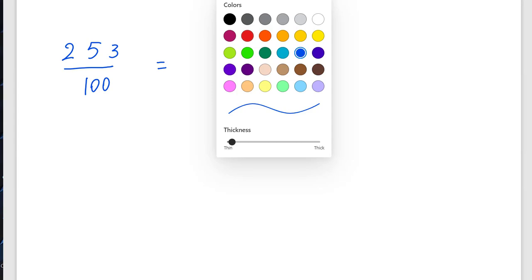253 over 100. For this one, we need 2 digits to the right of the decimal point. So I will place the decimal point after the 3 and 5, so between the 2 and the 5. So it will be something like this: 2.53. And now let's discuss the value and the place value.